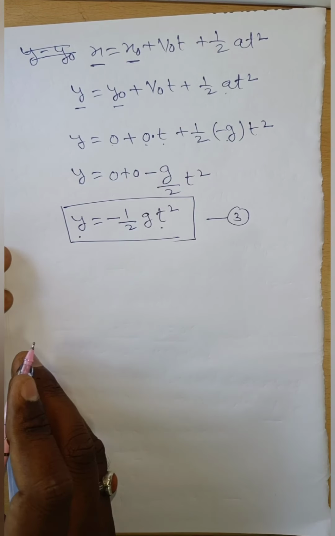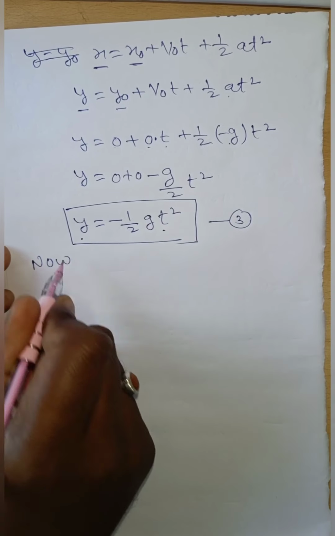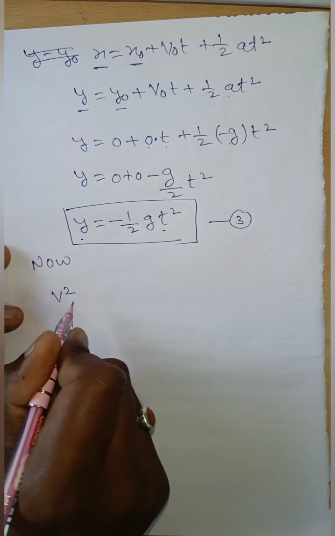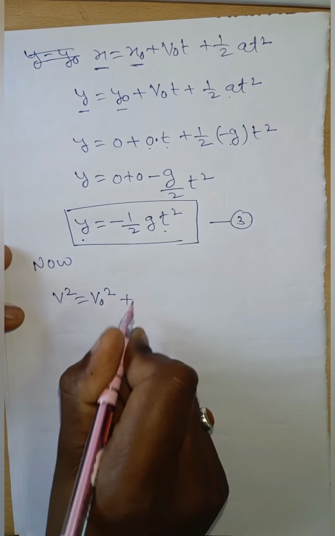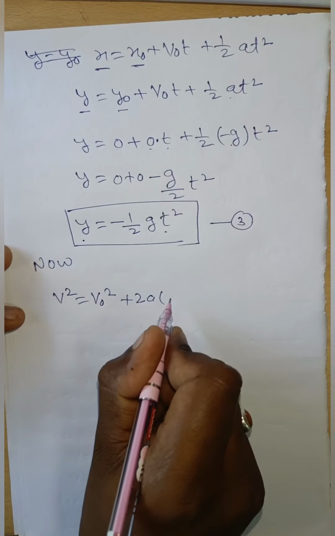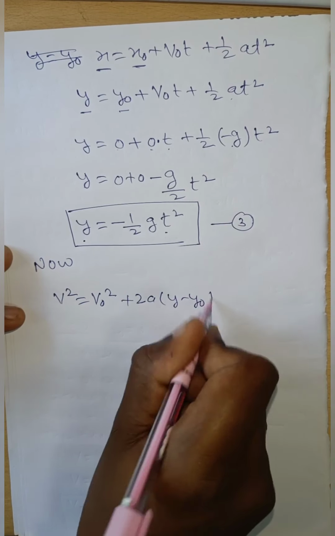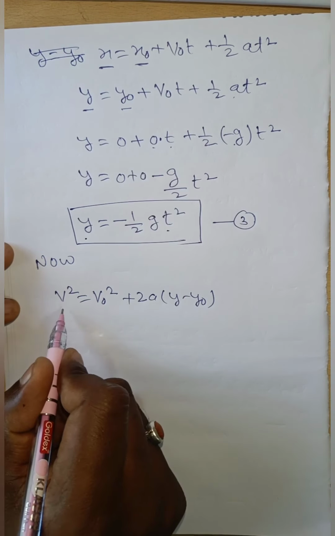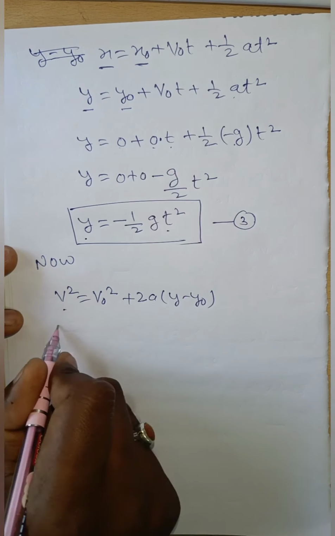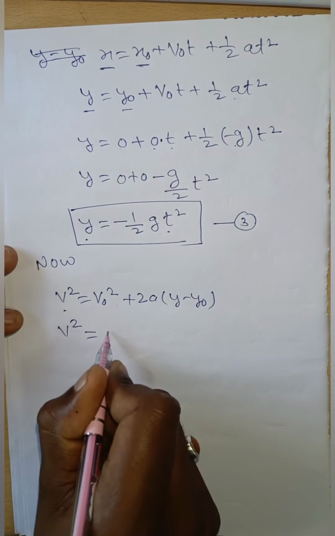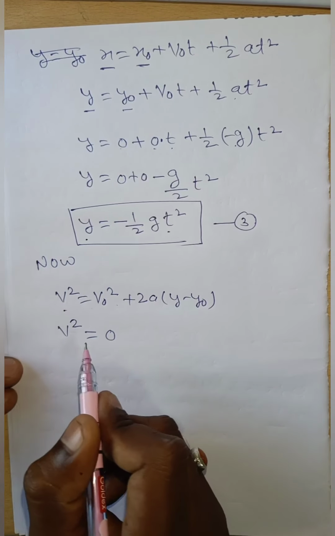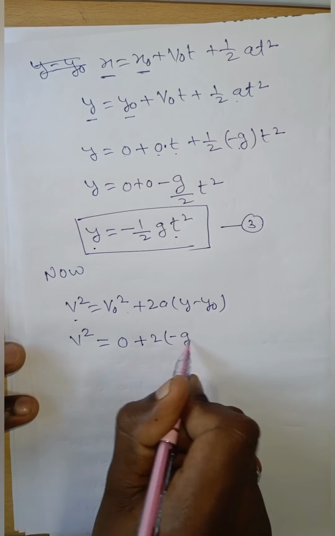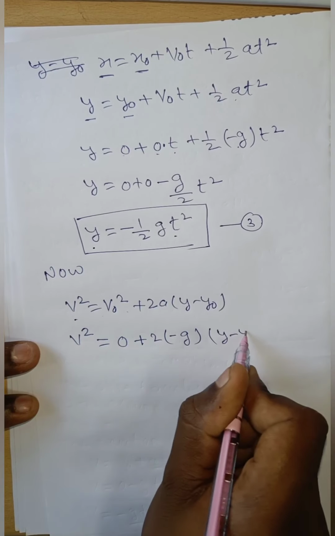Now using the third kinematic equation. What is the third kinematic equation? That is v square is equal to v naught square plus 2a into y minus y naught, that is x minus x naught, here y minus y naught. Here v naught is 0, therefore 0 square is 0 plus 2 into a, and a is minus g, into y minus y naught.